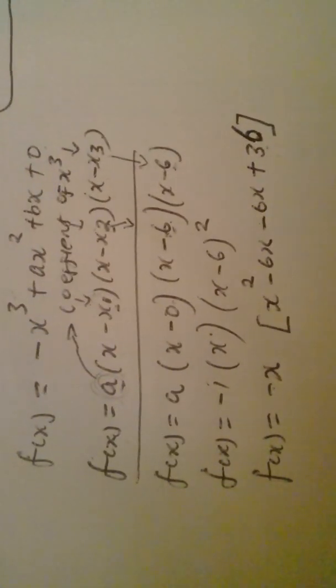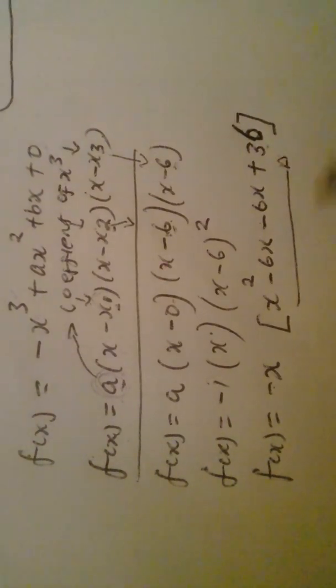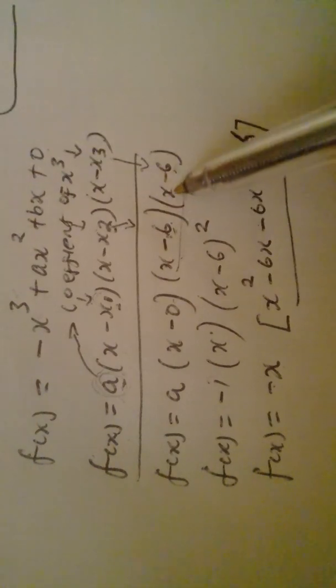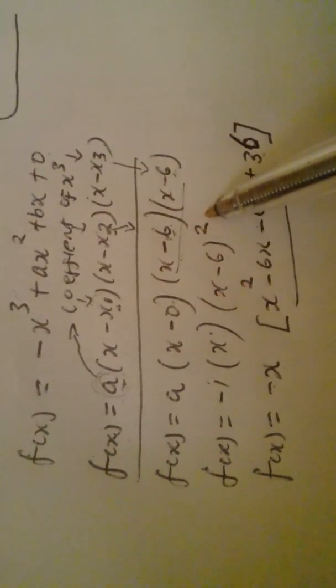So you can say negative x. You have to know where this one comes from. It's the FOIL method. We had x minus 6, which I said is the same as x minus 6 squared.